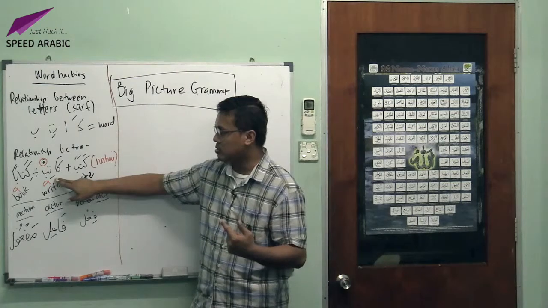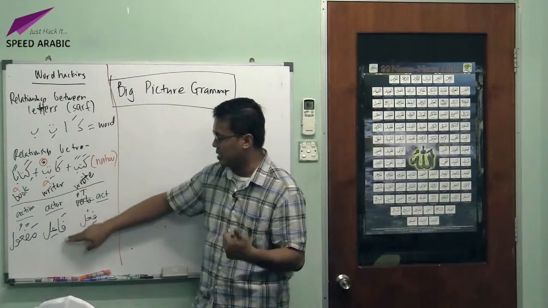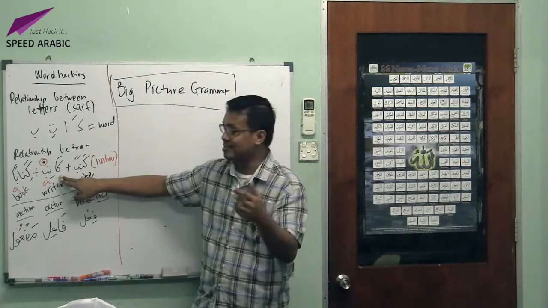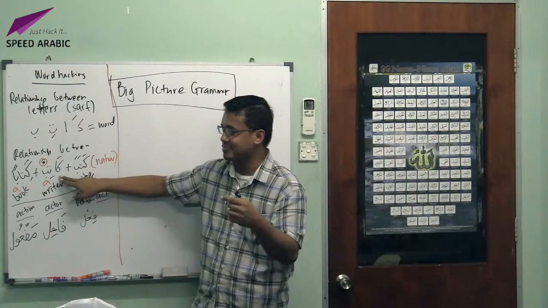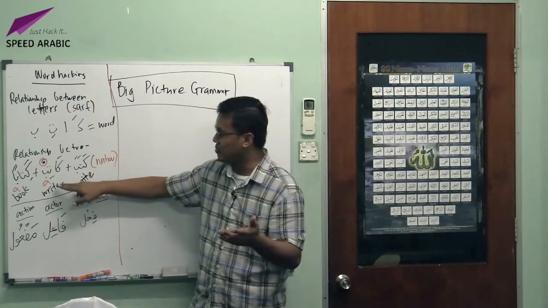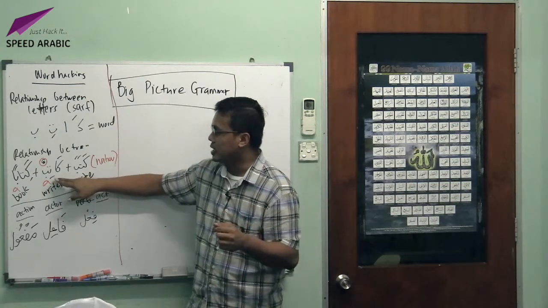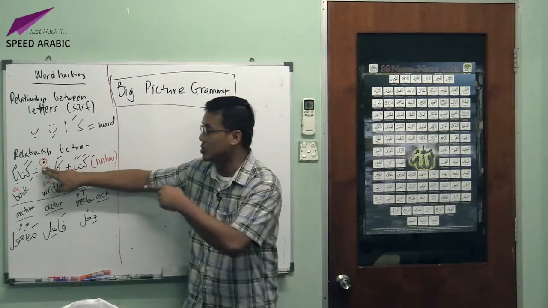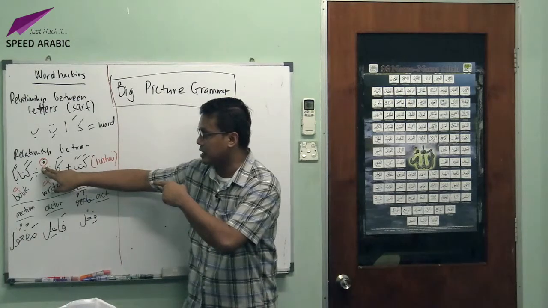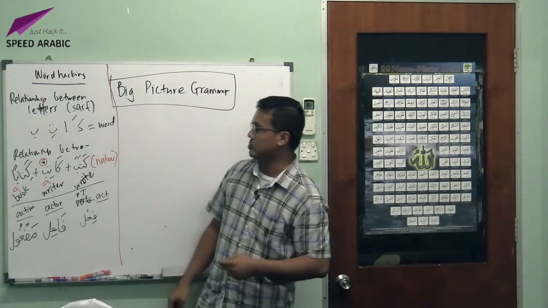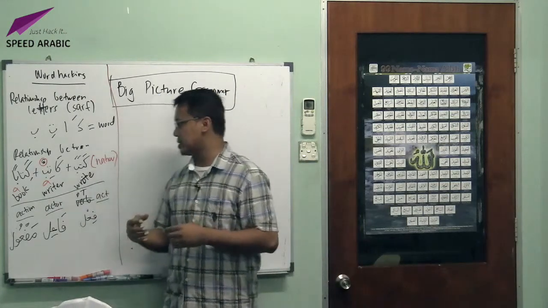So katibun, you will say this is a fa'il, and the case is marfu'. I also don't know what marfu' means for now. Then wa alamatu raf'ihi, and the indication is dhammatun zahiratun fi akhirih, a clear dhamma at its end. That's how you analyze it grammatically.